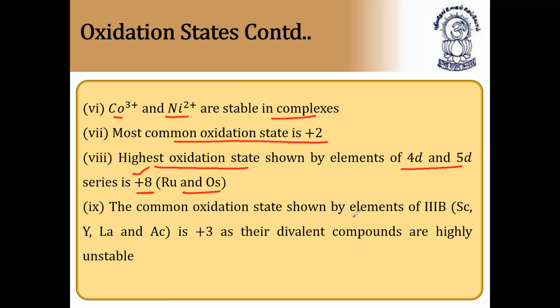The common oxidation state shown by the elements of 3B, scandium, yttrium, lanthanum, and actinium, is +3 only, as their divalent compounds are highly unstable. So all these oxidation states are important, and the nature of these oxides and all we'll discuss later.